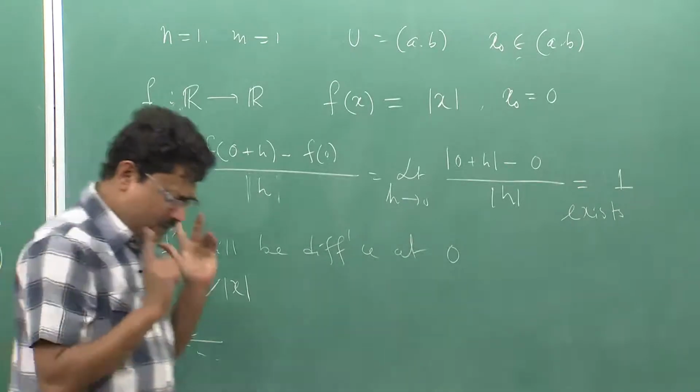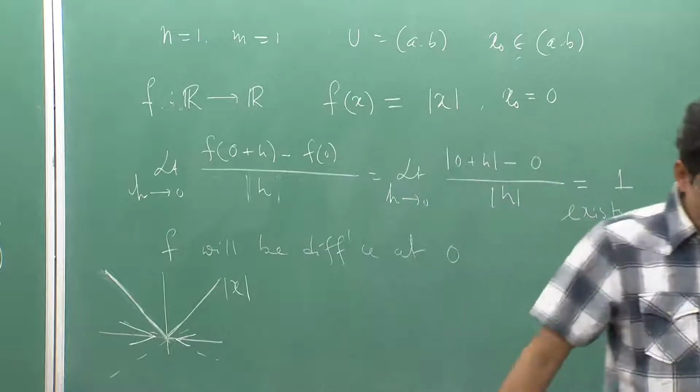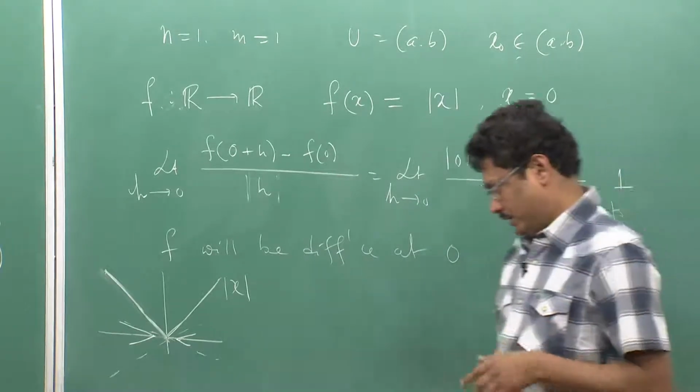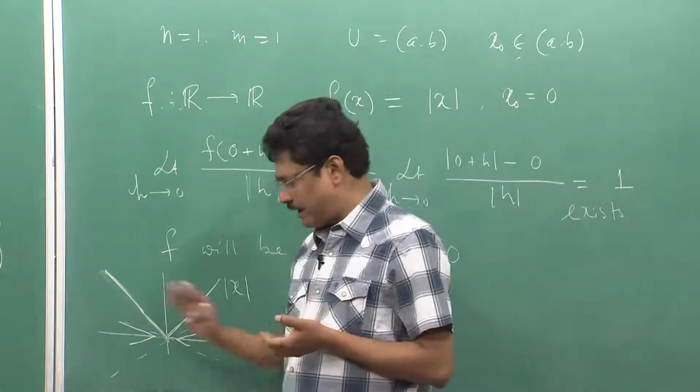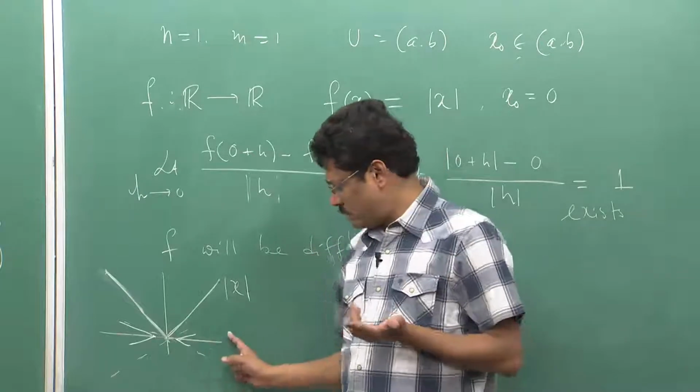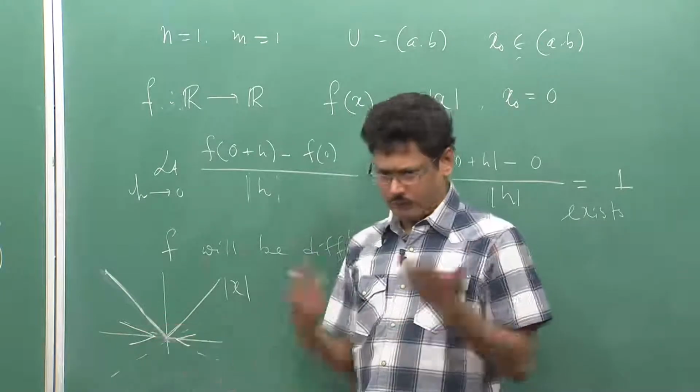So, now I reflect once again, maybe it is because I have to approach through a direction, this direction matters, positive direction or negative direction, and in the real line there is only one direction, this one, and its negative, minus 1.